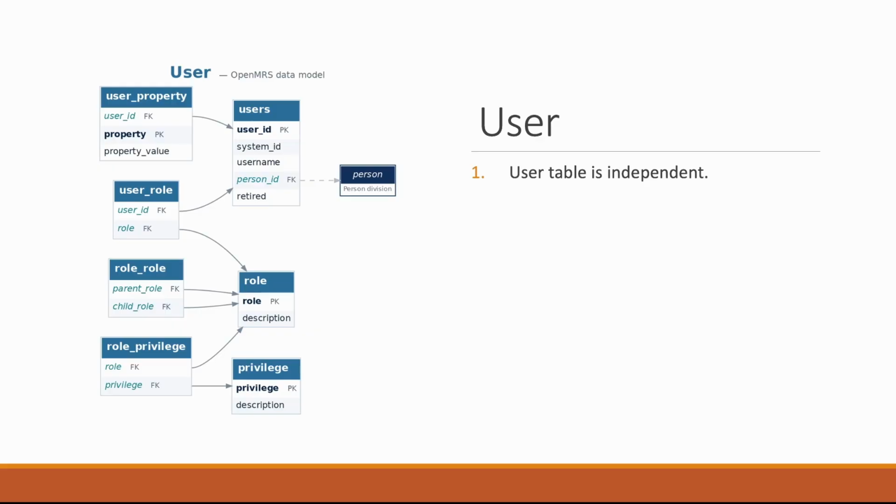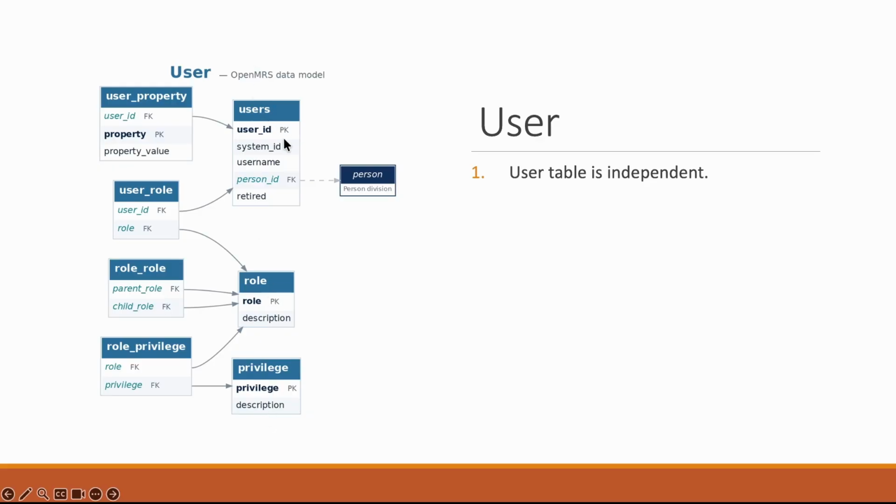Now you will see a relationship between the user table and the person table. By the way, this is plural, users. You will notice all other tables are singular. Role, privilege, it's not privileges, it's not roles, these are not plural, except user.